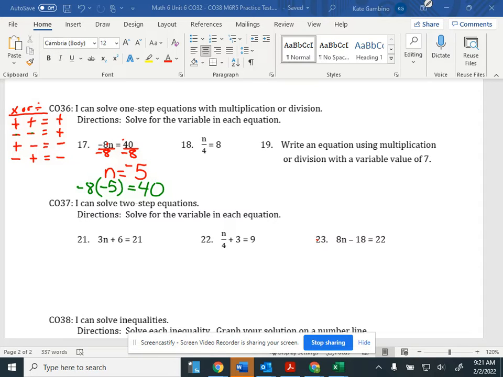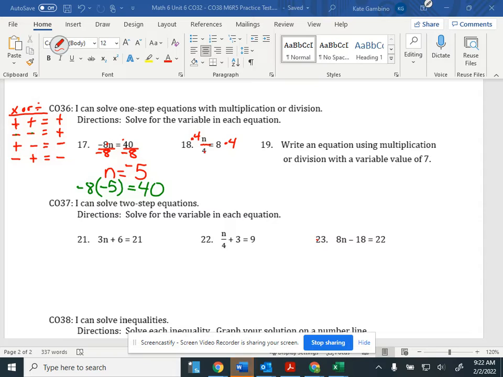Let's look at 18. What am I going to do to solve this problem, Lily? You're going to change the division to multiplication. Yeah, we want to do the inverse. That fraction bar means divide. So we want to do the opposite and we want to multiply. So I'm going to multiply by 4, multiply by 4.